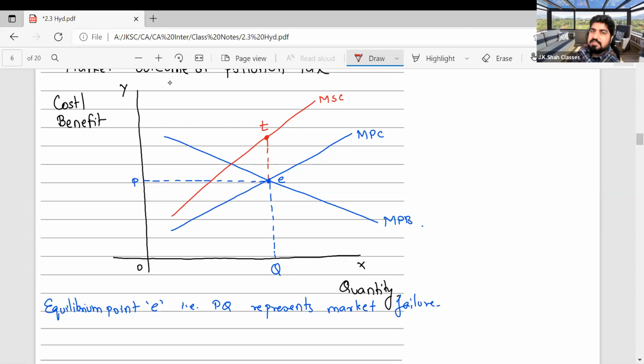Now this external cost represents what? So this red shaded region represents my loss of social welfare. Understood?